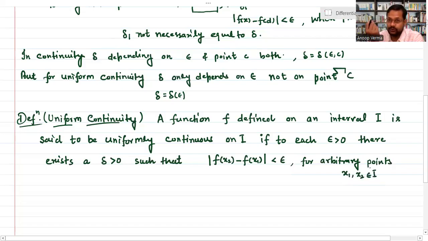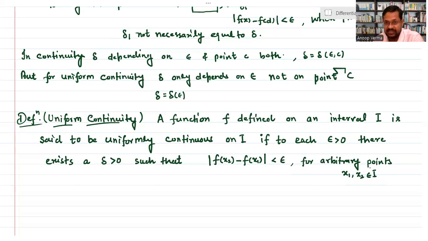So if you choose any two points from the interval, the difference between the values of the function is less than epsilon.